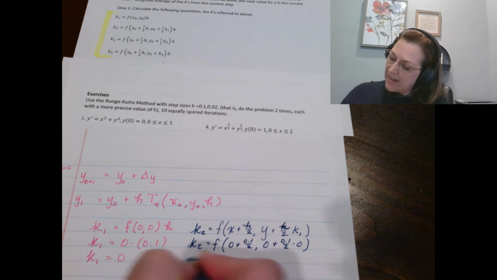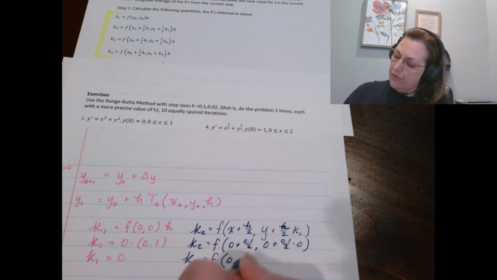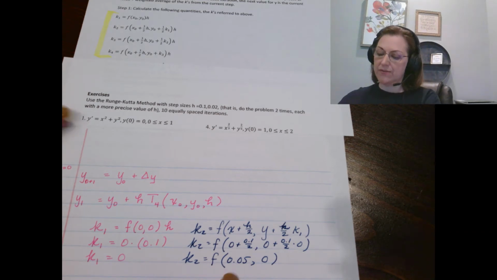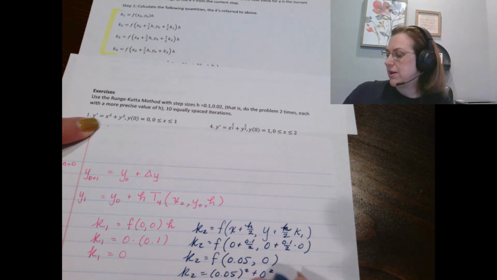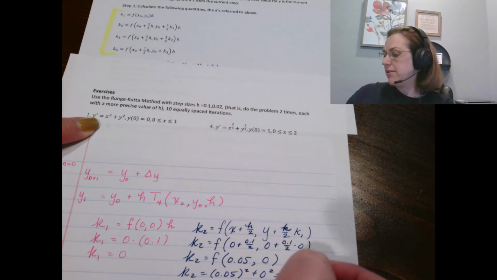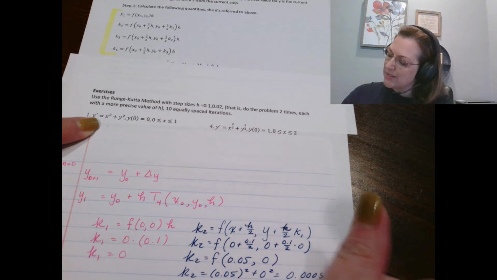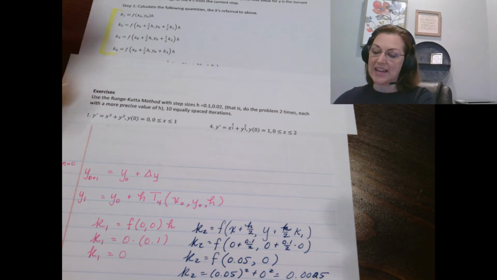So k2 is the derivative at 0.05 and 0. Now we can plug these into our derivative. That gives me 0.05 squared plus 0 squared, which would give me 0.0025. There we go. And that's my K2 value.